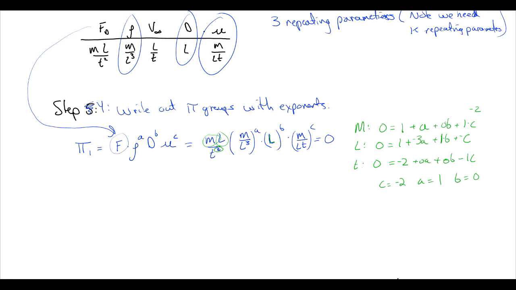Awesome. So our pi 1 then, we can just write out by raising each one of these physical variables to the exponents that we just solved for. So pi 1 is equal to F times rho divided by B to the 0, but C to the negative 2.